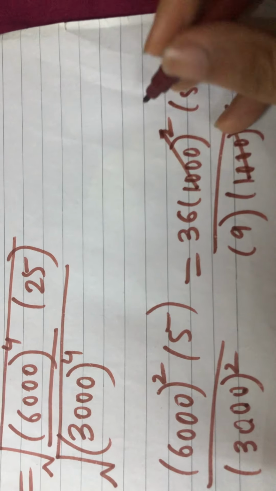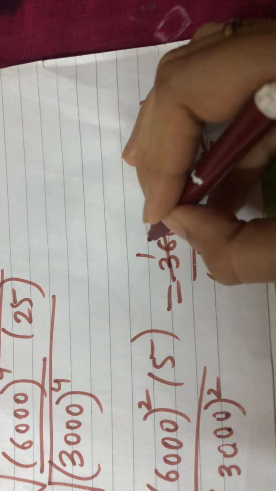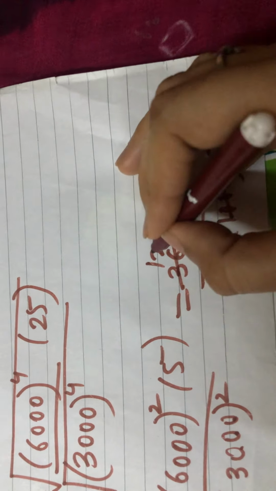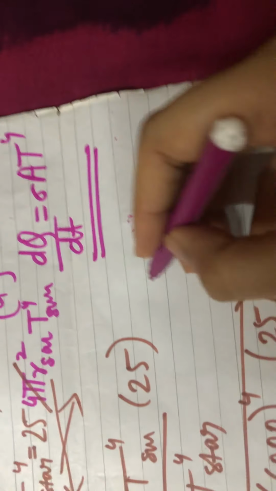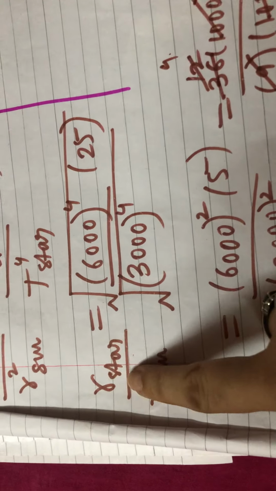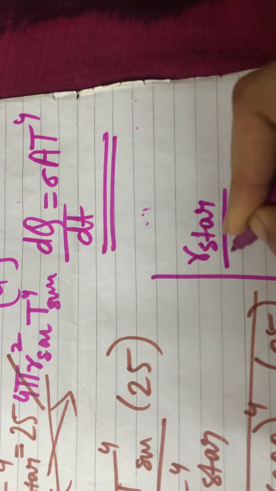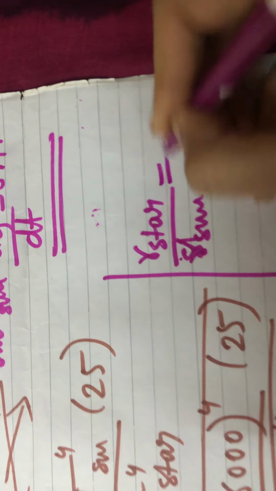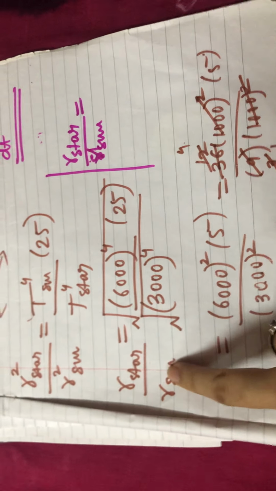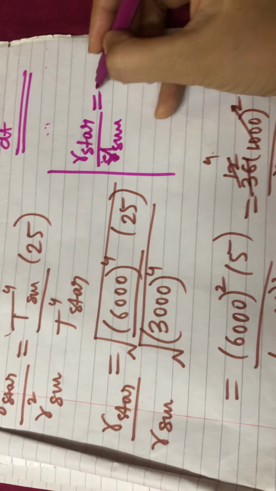This and this get cancelled. 3 3s are 9. 3 1s are 3, 3 2s are 6, 3 1s are 3, 3 4s are 12. So 4 5s are 20. So what I have obtained, radius of star upon radius of sun is equal to 4 5s are 20.